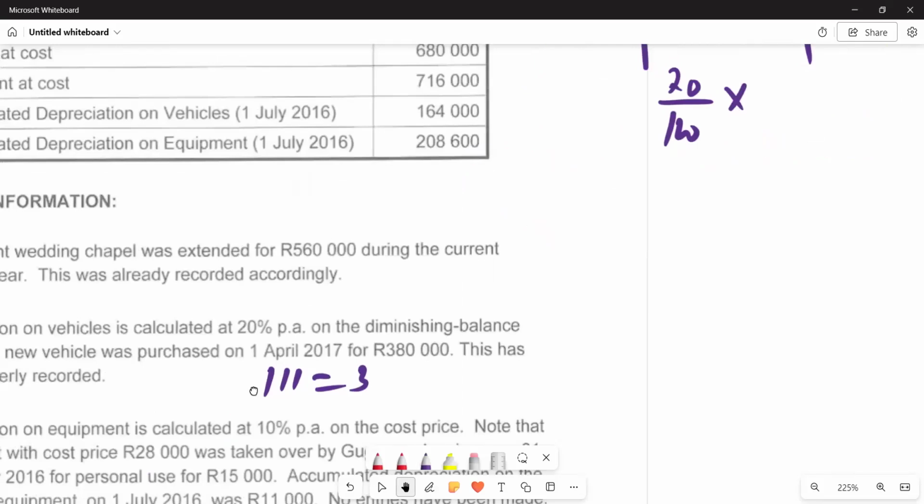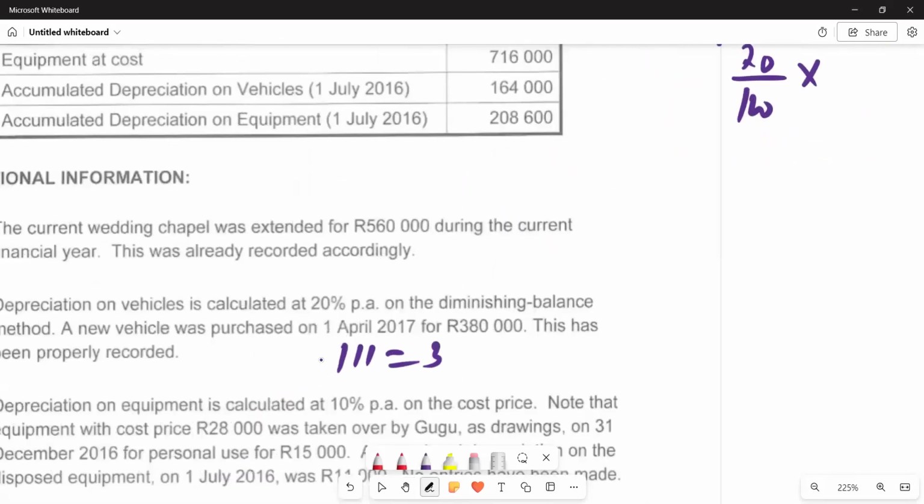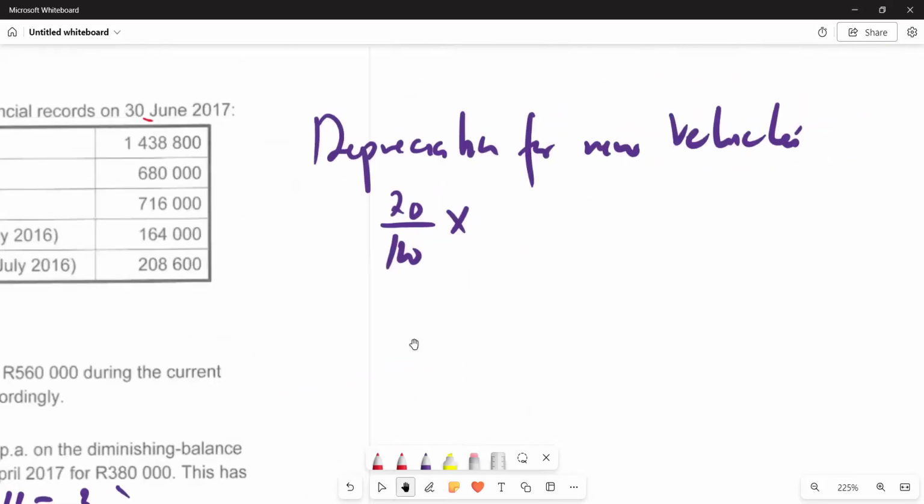Remember, we are using diminishing balance method, but this is a new vehicle. It is not depreciation when it was coming to the business. So we've got cost price of 380,000. So we multiply by 380,000 over 1. Then we multiply by 3, remember, it stayed only for 3 months, times 3 over 12. So we do that.